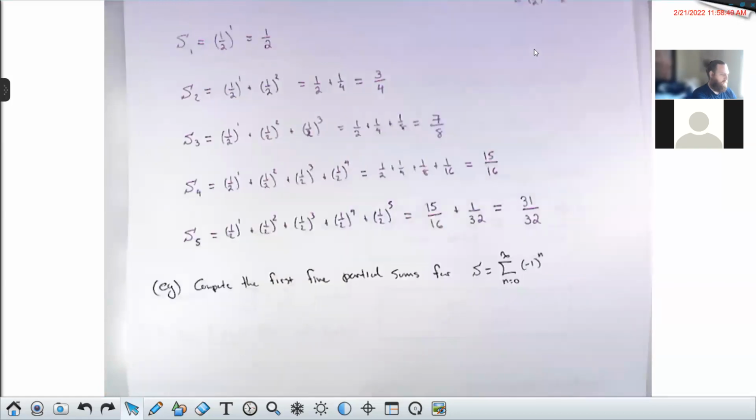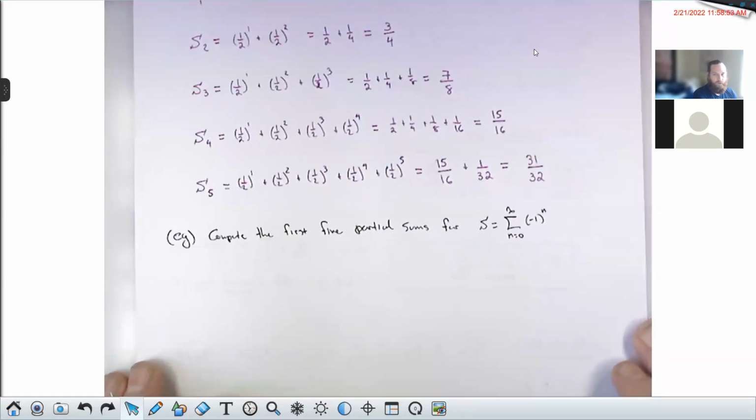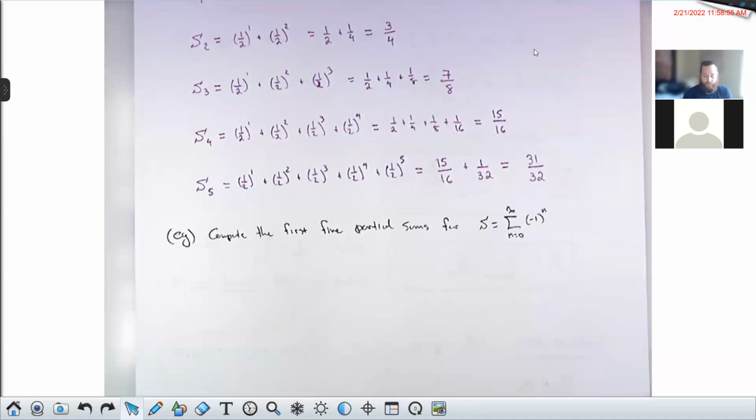So the a_n here are just (-1) to the n, but the S_n will be something else. Since this series starts at 0, the earliest partial sum I could write down would be S0.